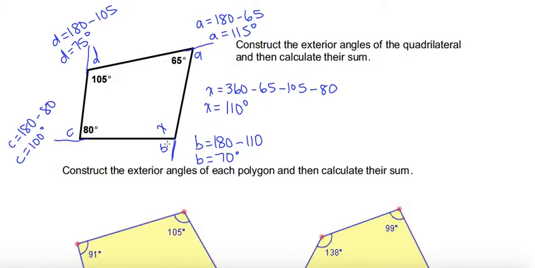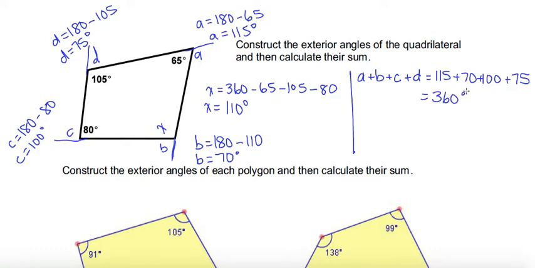And now that we have all of our exterior angles, let's see what they add up to. So A plus B plus C plus D. I have 115 plus 70 plus 100 plus 75. And sure enough, those all add up to give us 360 degrees.